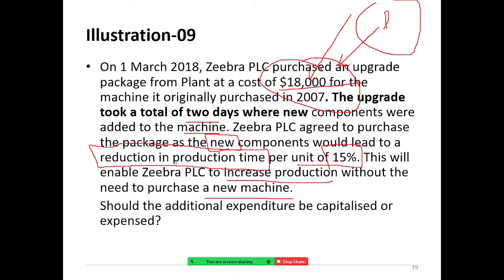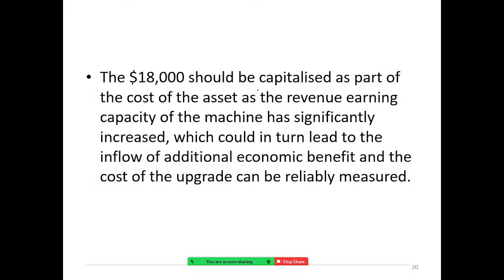There are two conditions here. Once they spend 18,000, it will increase the production capacity, and it is also expected to be used for more than 1 year, so this 18,000 can be charged to property, plant, equipment. The 18,000 should be capitalized as part of the cost of the asset, as the revenue earning capacity of the machine has significantly increased due to the fixation of this package.